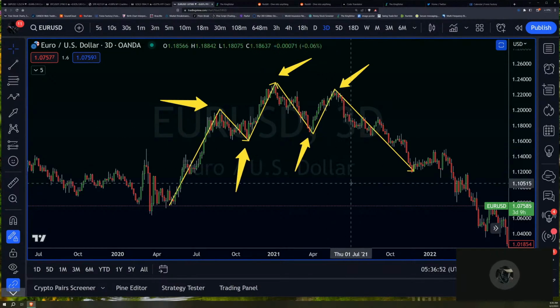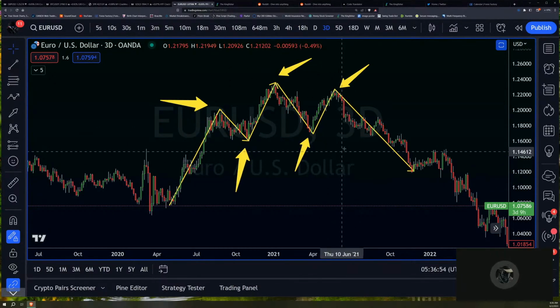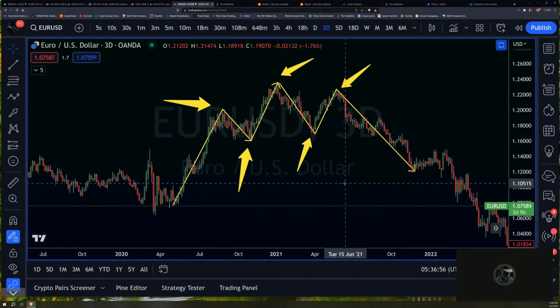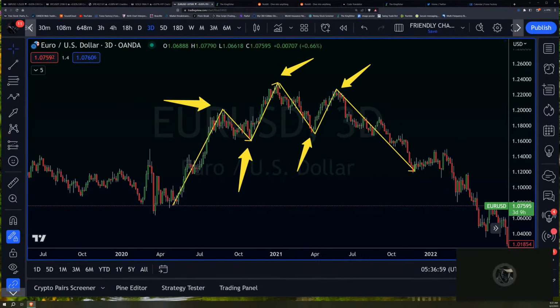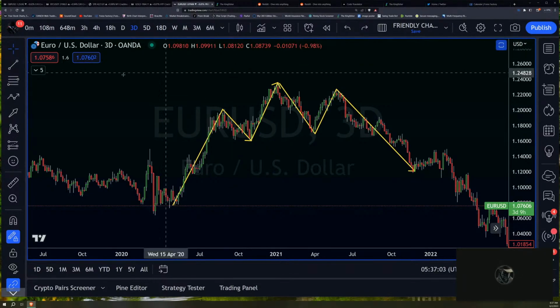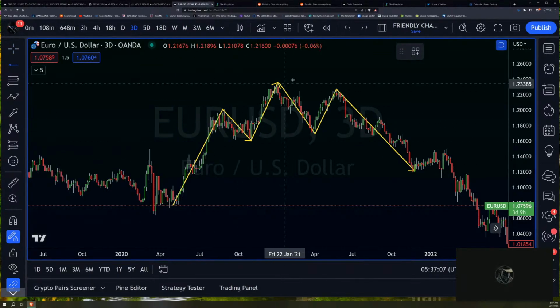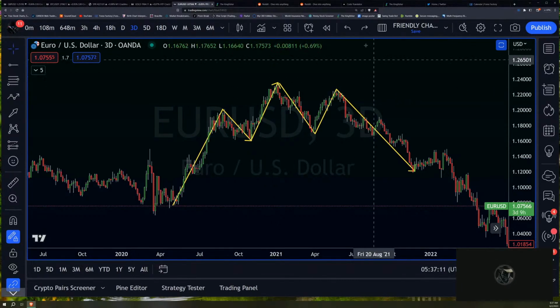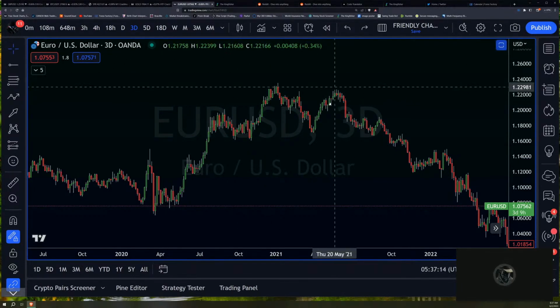So in this case, we have support and resistance, and what that means is as price pivots at those points, you're going to have these places where the bulls and the bears kind of get in a fight.